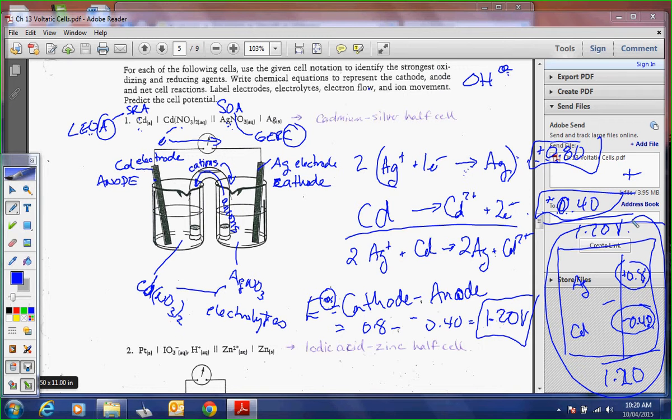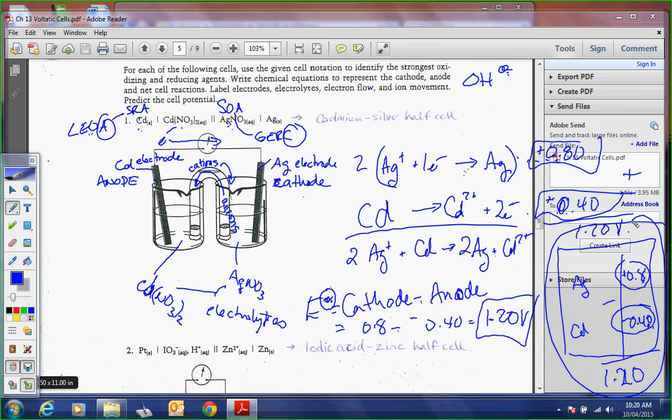You just take the two numbers as they are written and subtract them. And it's also a lot easier if the question just asks, what is the cell potential for the following? Then you don't have to worry about which one's the cathode or which is stronger or weaker. It's just top minus bottom. Done. There's your answer.